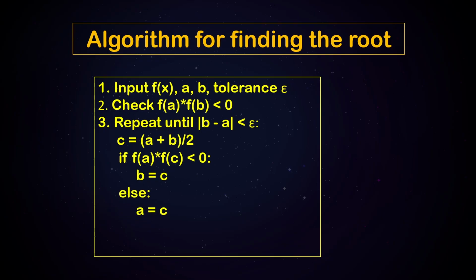Else a equals c, and keep repeating until the difference b minus a becomes smaller than epsilon. And this is the algorithm. In that situation the mid value is basically the approximate root. All numerical calculations are approximate, not exact, within a certain accuracy or tolerance limit, that is epsilon.